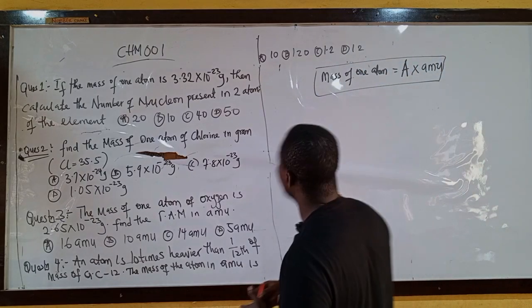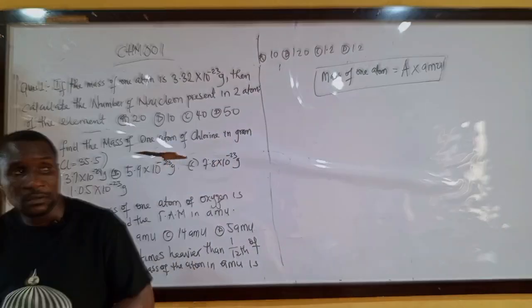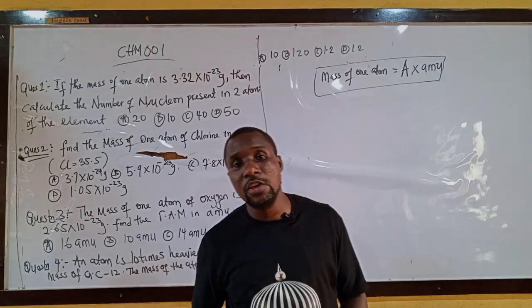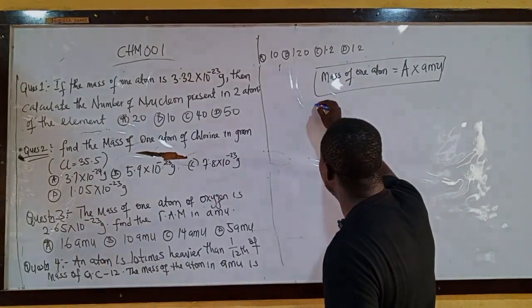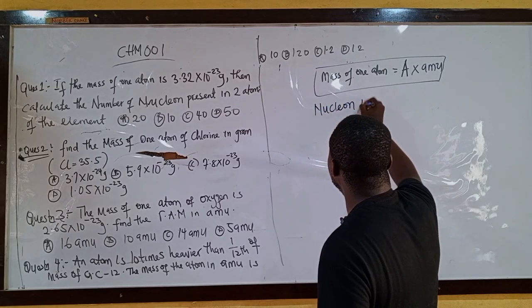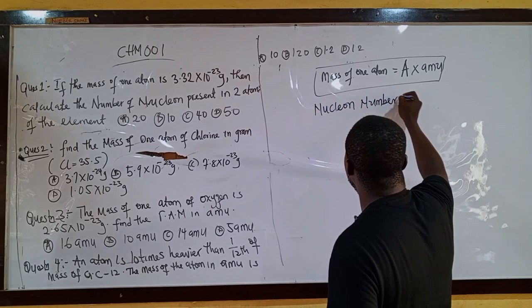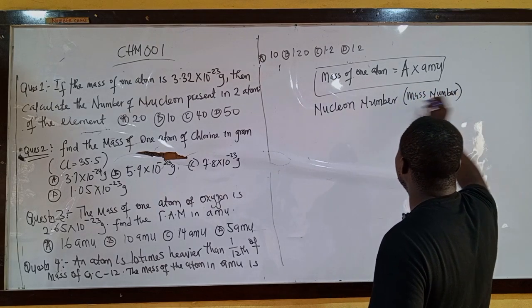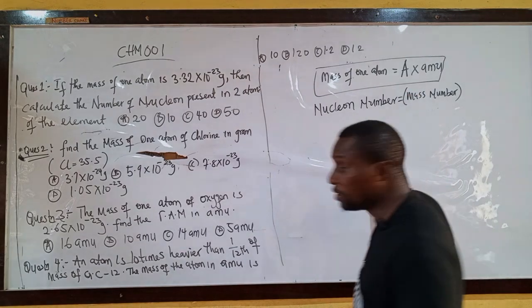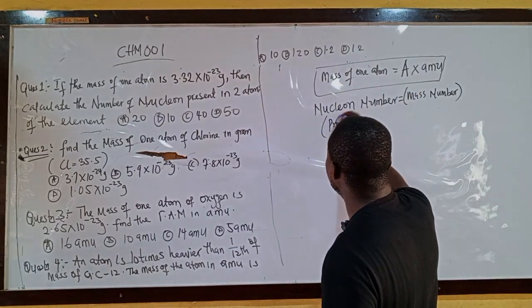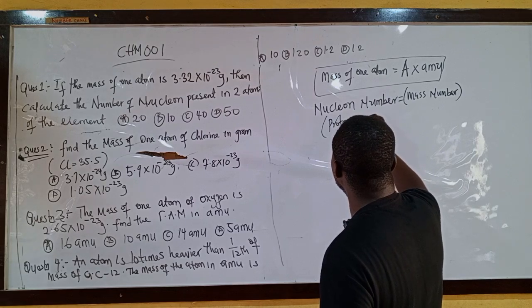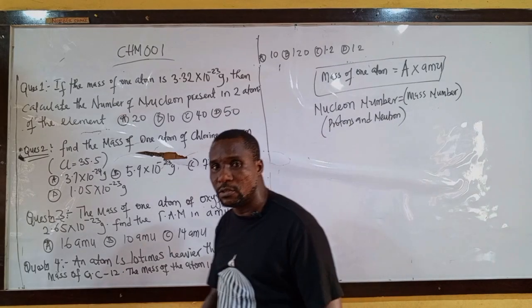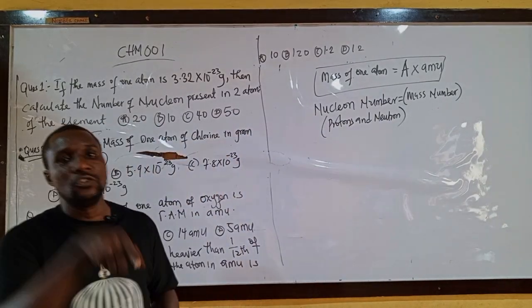Mass of one atom equals the number of nucleons multiplied by AMU. What is the number of nucleons? Nucleon number simply means mass number. It is the number of protons and neutrons, the particles inside the nucleus.